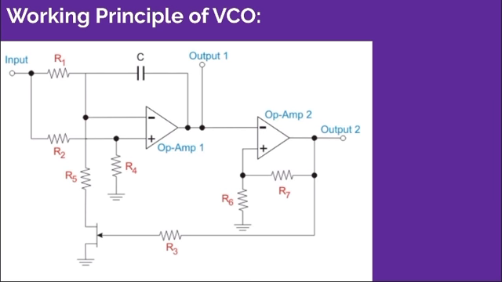If the input voltage is higher than the threshold level, the output from operational amplifier 2 will be VCC. If the input voltage is less than the threshold level, the output from operational amplifier 2 will be 0. Therefore the output from operational amplifier 2 will be a square wave.